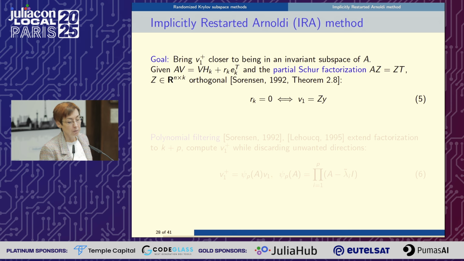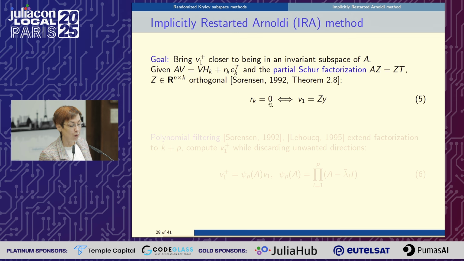And then one of the methods which is used, or the basis for more developed methods, is the implicitly restarted Arnoldi method. Here the goal is to bring this restarting vector V1+ closer to being an invariant subspace of A. A motivation comes from looking at the partial Schur factorization of the matrix A, which is written as AZ equals ZT, where T is an upper triangular matrix and Z is orthogonal.